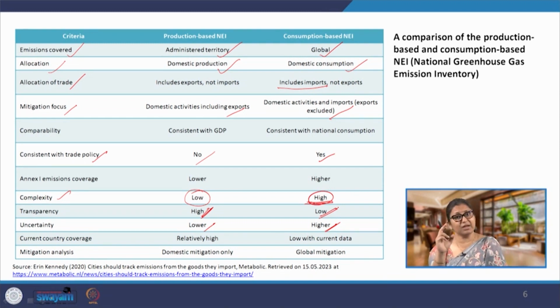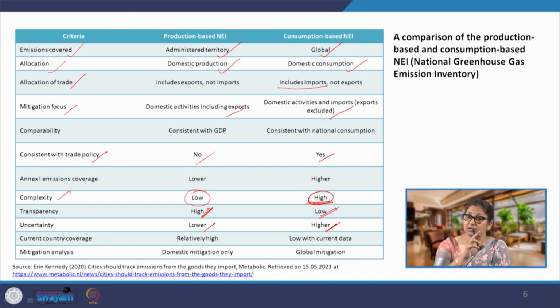However, when we are looking at very small facilities, some of the examples we will see in the later slides of this lecture, we will see that for very small facilities and activities, the emission reduction accounting and reporting is largely consumption based. So, for example, if I am a small facility like a club or a utility building, there the consumption is my focus, because I am not producing anything, I am just a service sector unit.